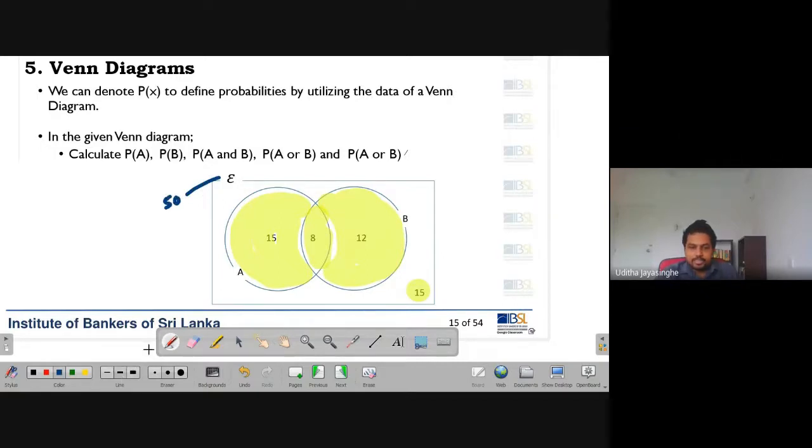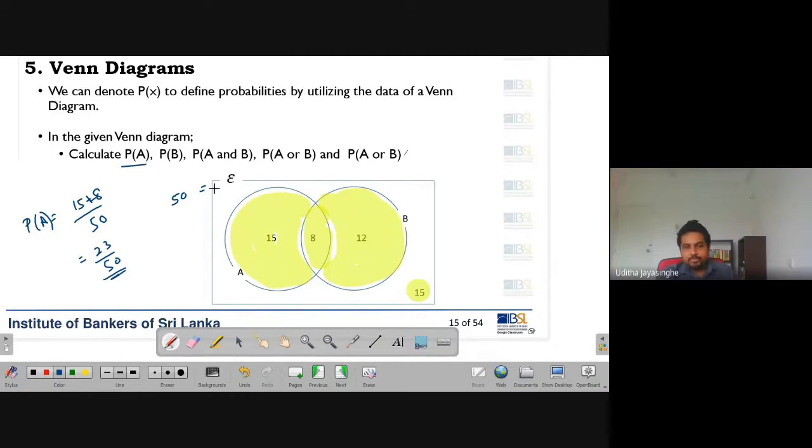Total number of households, events, items is 50. 15, 15, 30, 30 plus 20, 50. If that is the case, P(A) is nothing but 15 plus 8, the area for A, divided by 50. 23 divided by 50 is P(A).